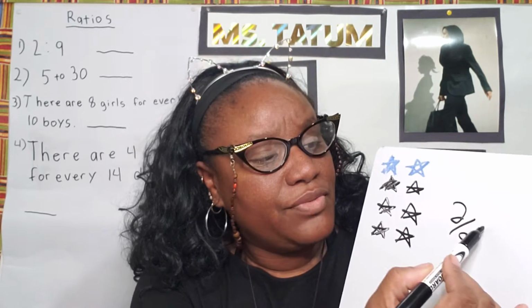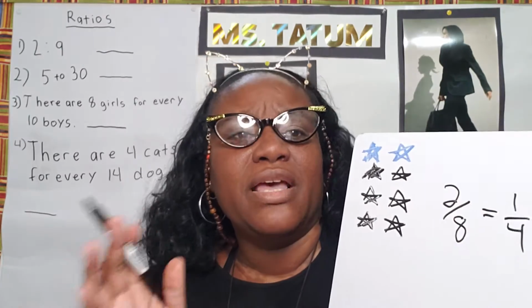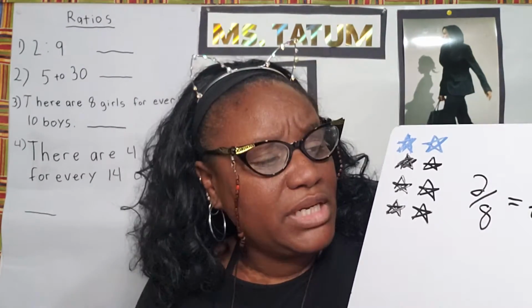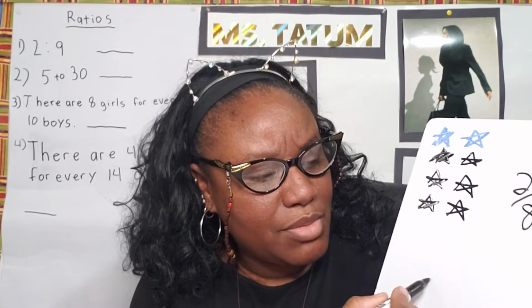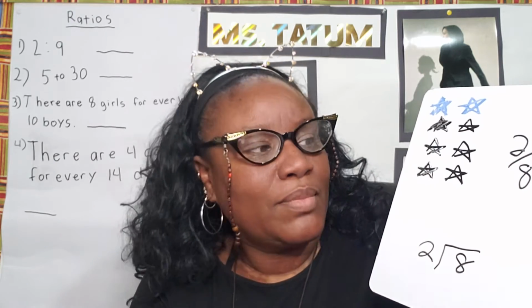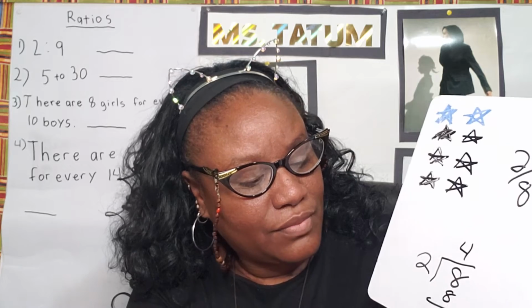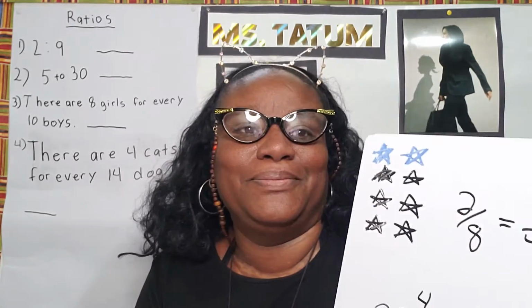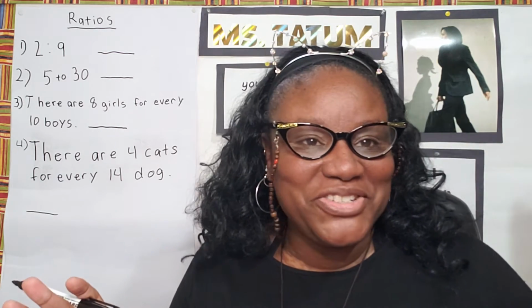And again, you can reduce. 2 goes into 2 one time, 4 times. If I didn't understand how I did my reduction, I need to divide 2 by 2 to get 1. And how many times does 2 go into 8? I would check my multiplication chart if I didn't understand. That's my answer. So that's ratios in a nutshell.